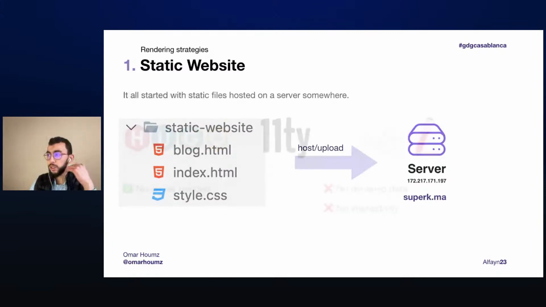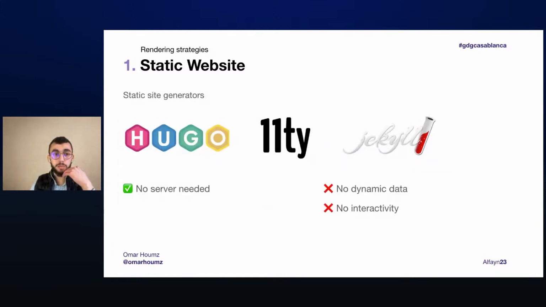And after that, we had some tools called static site generators that help us generate these pages. So, for example, Hugo, Eleventy, and Jekyll, we have a database somewhere or data as Markdown or something. They help us generate all of those pages.